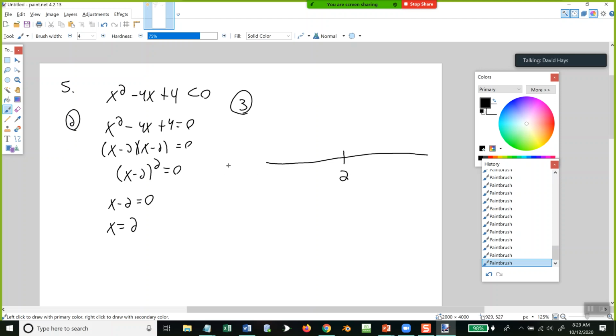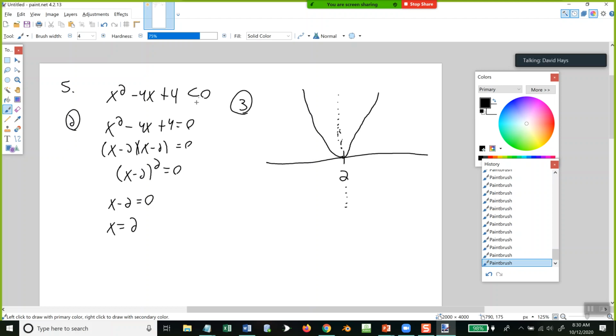Now, two ways you could do this. I know it opens up because it's a positive x squared. Since there's a 2 here, the multiplicity is 2, that tells me it touches. Opens up and touches would tell me it's coming down, touching at this point, and going back up. Or you could just graph it.